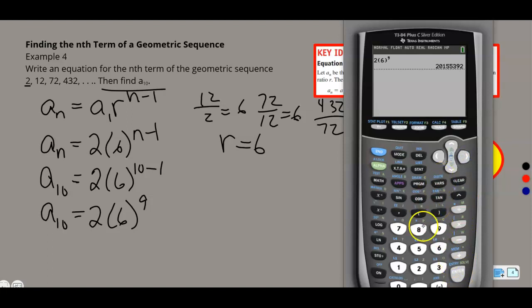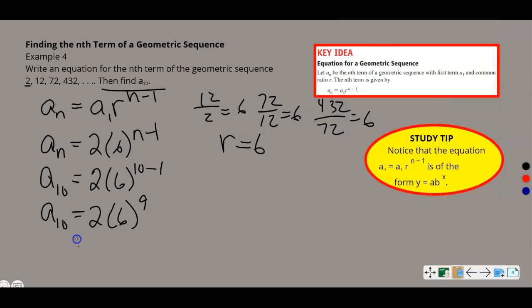All right, so I'm going to do 6 to the 9th power. I always like to double check, just to make sure I don't automatically trust the calculator to do order of operations. It does when you type it in correctly, but if you don't type it in correctly, and I'm always worried I'm not going to type it in correctly.